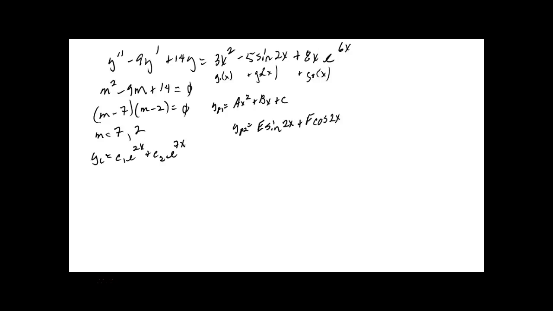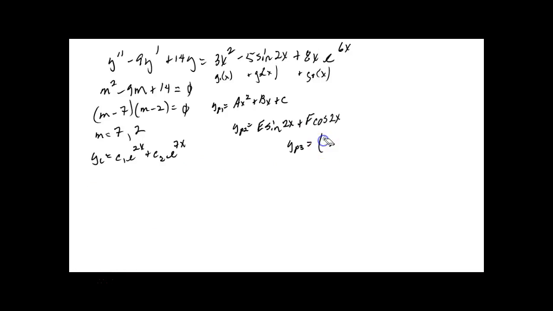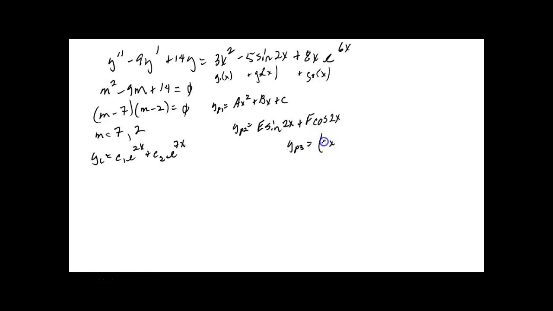That's just a constant. So we're fine there. How about our yp3? ax plus b, or not. It'd be different. Oh, you get me going on it every time, right? gx plus h, times e to the 6x.